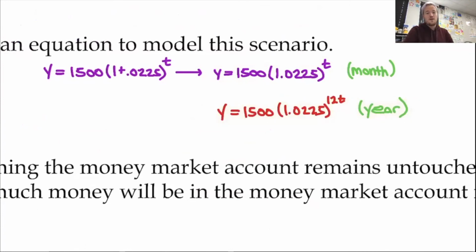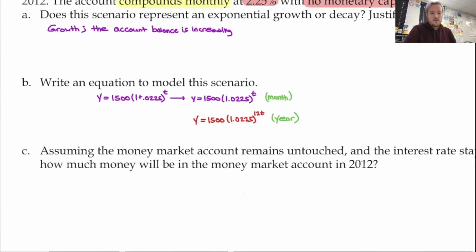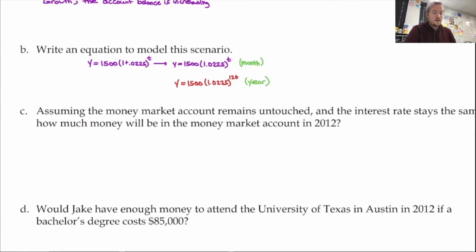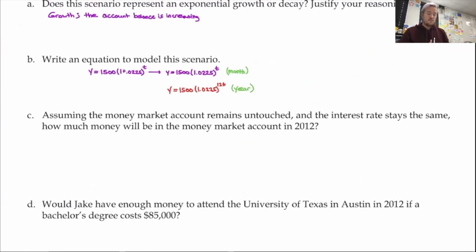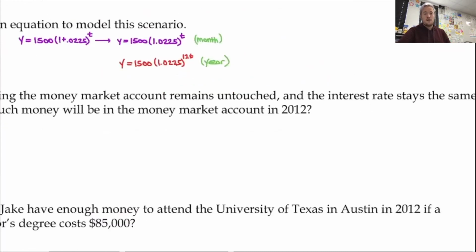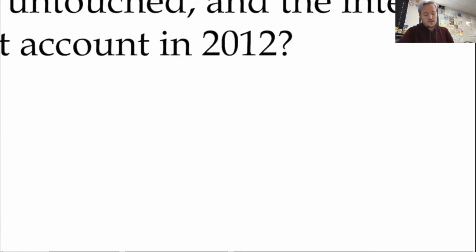Okay. All right. So assuming the money market account remains untouched and the interest rate stays the same, they want to know how much money will be in the money market account in the year 2012. So in the year 2012, you want to find out what your t value is going to be.